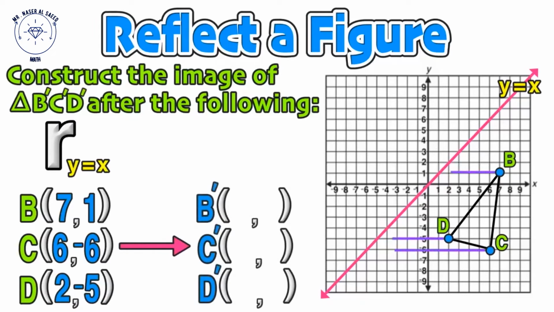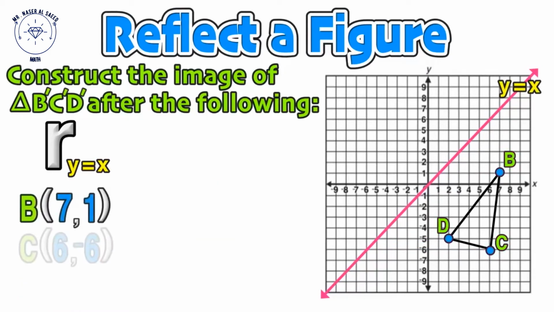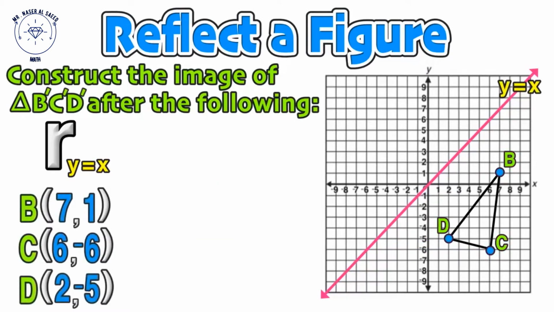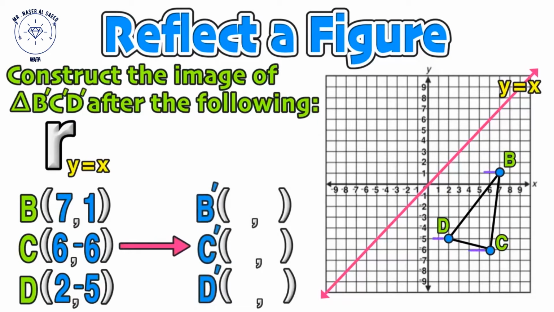We can start by writing down the coordinates of the vertices of triangle BCD. We could start by counting on a horizontal path how many units each point is away from the line of symmetry. We see that B is 6 units away, D is 7 units away, and C is 12 units away.